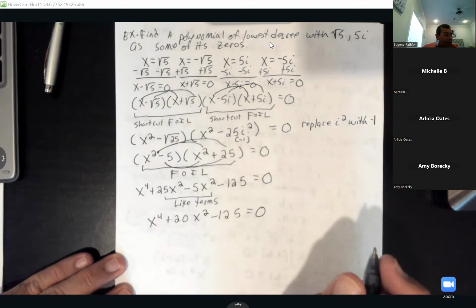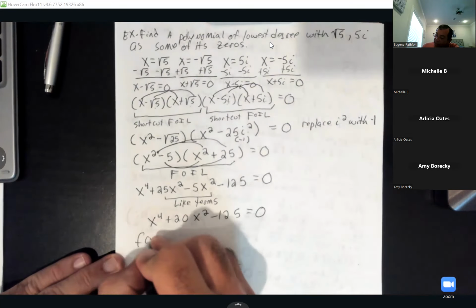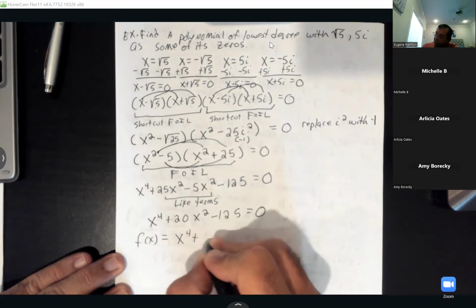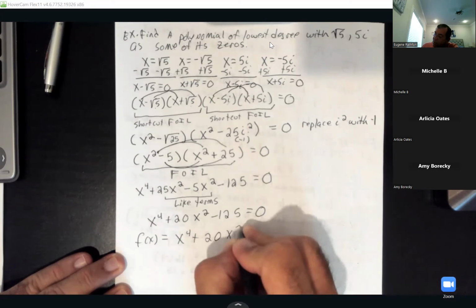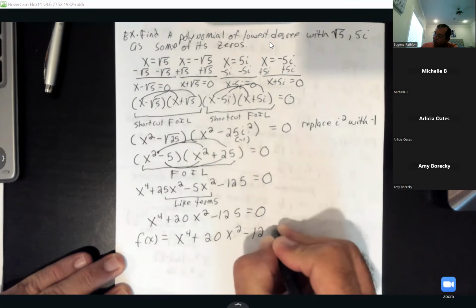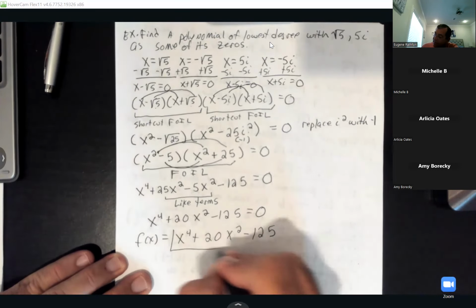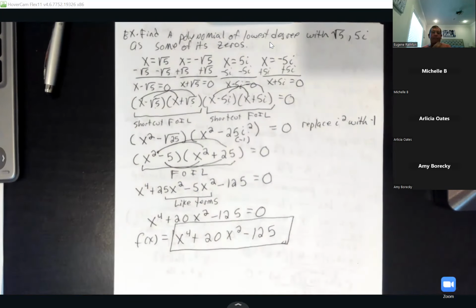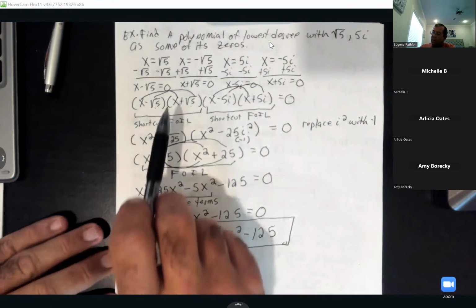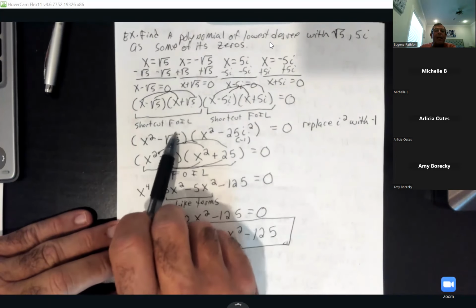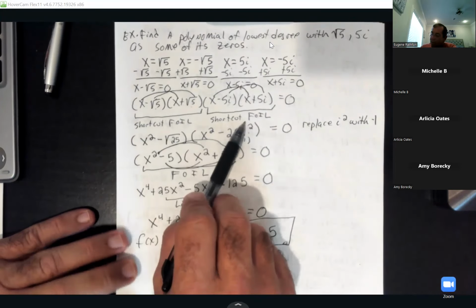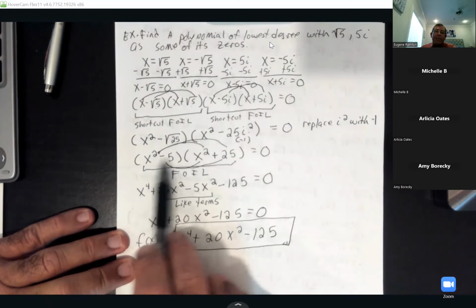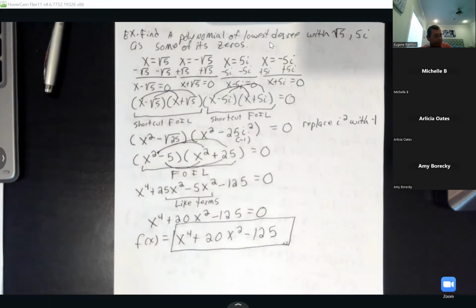Oh, and y'all remember the last thing they do, they'll put the f of x here. And all we're doing is putting in our f of x equals x to the 4th plus 20x squared minus 125. So conjugate pairs can be shortcut foiled. But when you do not have conjugate pairs like this, you actually got to FOIL it all the way out, okay?